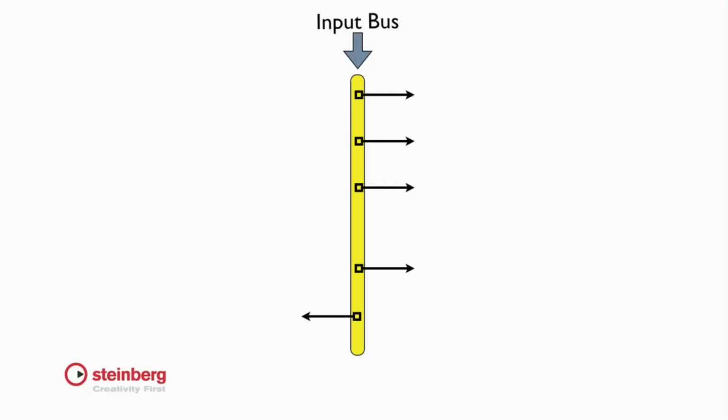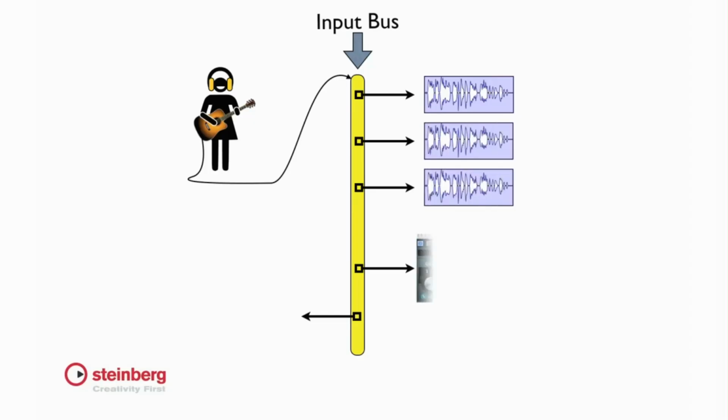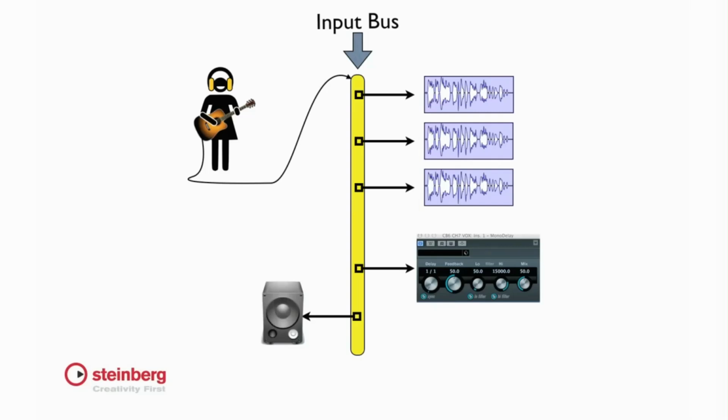That signal can then use any destination along its route. This means an incoming signal can be routed to one track, several tracks, a combination of tracks and devices, and so forth. By using buses, Cubase can use a small number of inputs to connect to a virtually unlimited number of tracks.